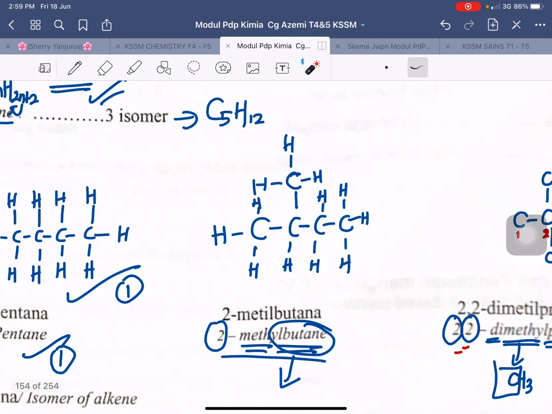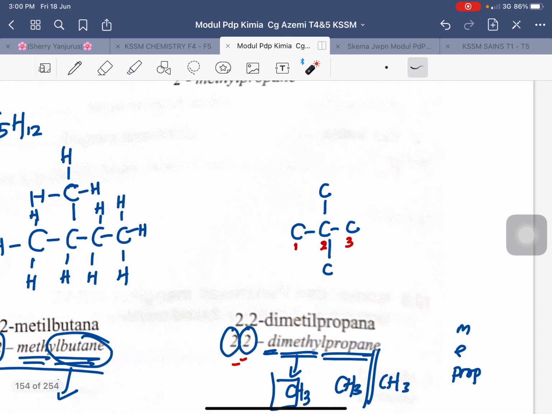Kalau dia satu biji saja like this one is 2 sengkang. Jenis apa? Methyl. Dia punya branch. Okay, kalau atas ada, bawah ada, maka ini adalah 2,2-dimethyl butane. Begitu. So ini dua-dua ada. This one is the buku teks buku Cikgu Azmi punya kehendak lah.